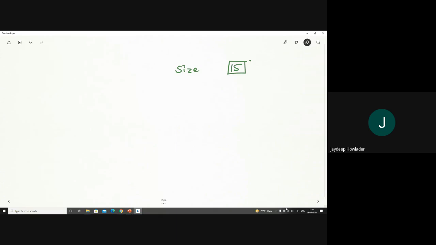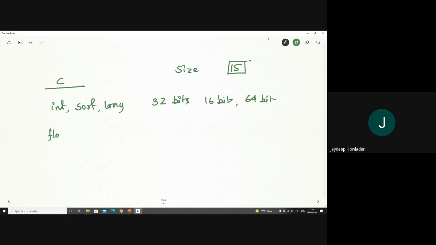Like if we take the C programming language, these are the standard things. We have integer, which is 32 bits. Then we have short, which is 16 bits. There is also long, which is 64 bits. These are all integers; they consider whole values. Then we have float, which is also 32 bits.